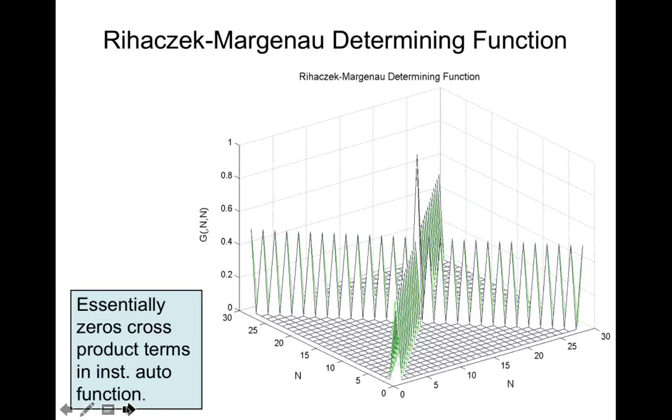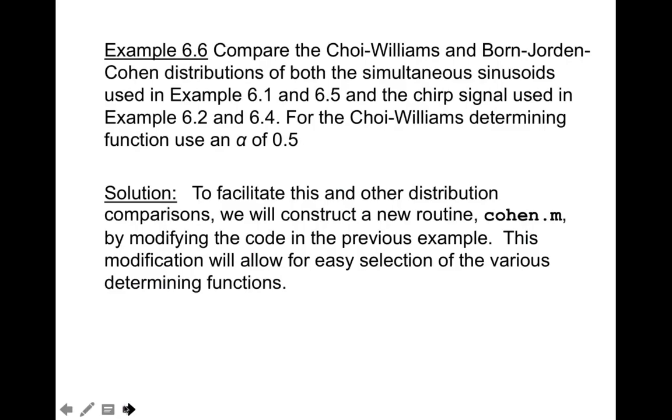So we can kind of visualize what that might do. And then there is the Rihaczek-Margenau determining function, which essentially zeroes out all cross products in the instantaneous autocorrelation. So that's just another example of another type of function.